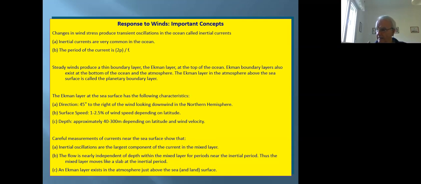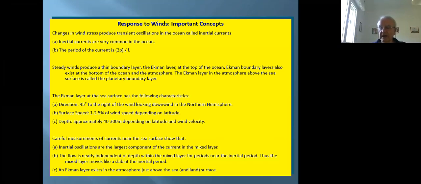Indeed, when you measure the wind in the atmosphere, you find out very easily that both over the sea and over the land surface, the wind speed increases very quickly with height from the surface.